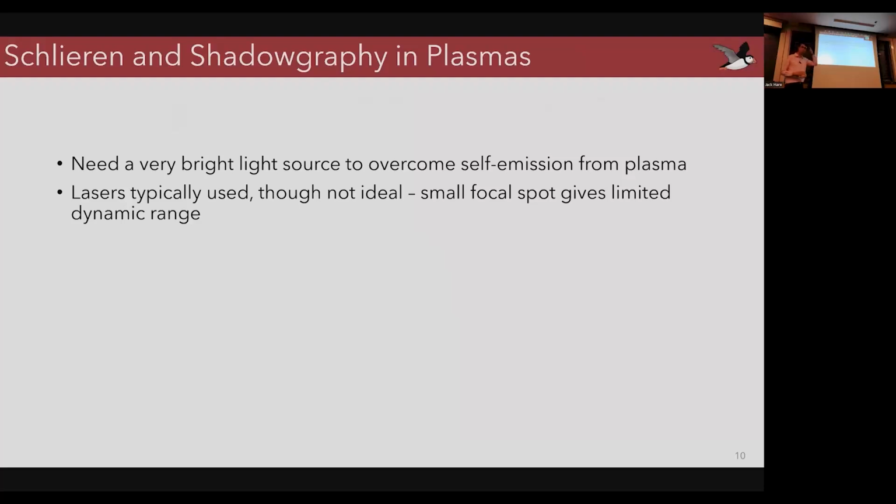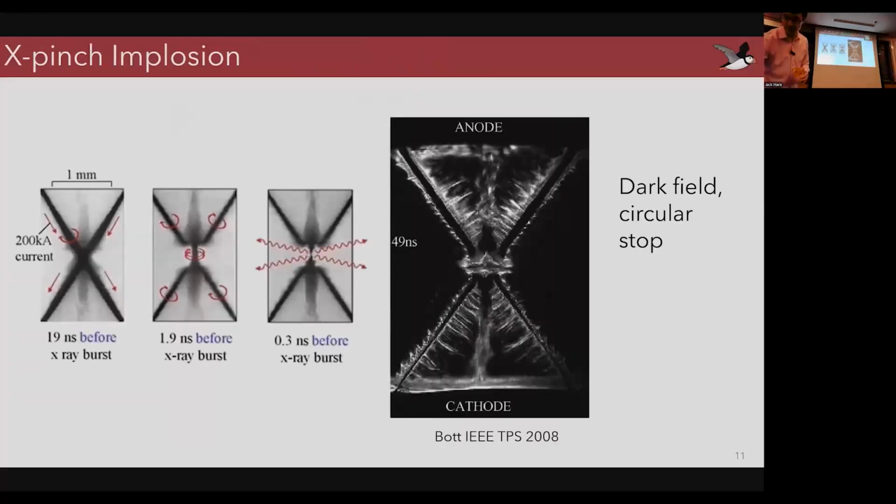This small focal spot gives us quite limited dynamic range. Not to mention the fact that we are assuming in all of this that we don't have any coherence effects, so we don't have interference. We'll talk a lot about interference in a little bit. Really, we don't want to have that coherence when we're doing Schlieren and shadowgraphy, but if we've got a laser, we tend to have coherence that we don't want. So these are not great, but you can still get some nice images out of it.